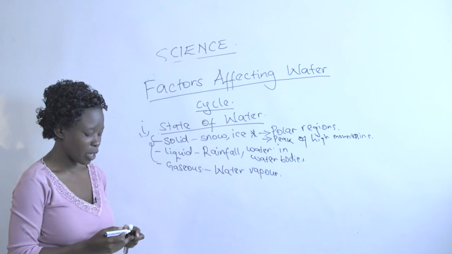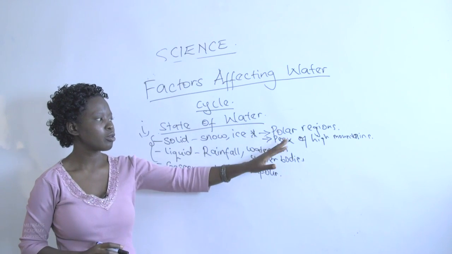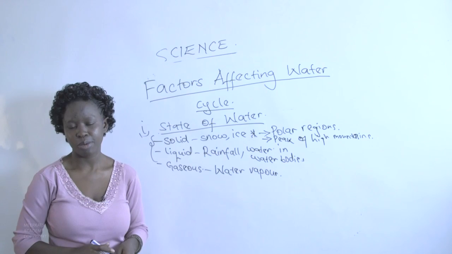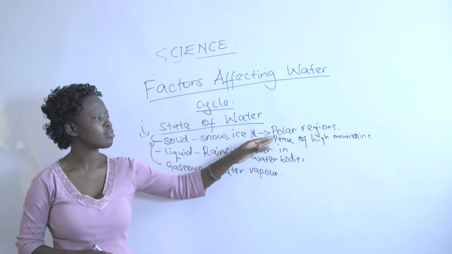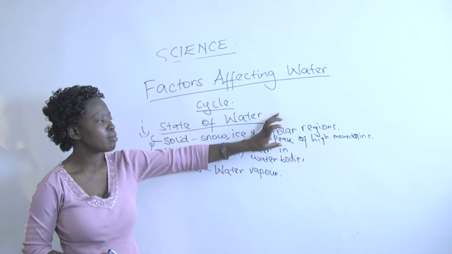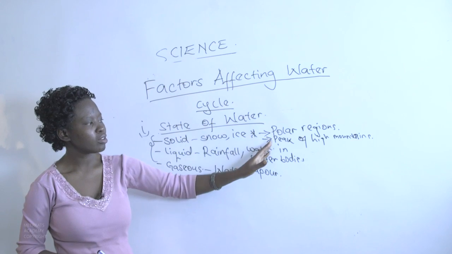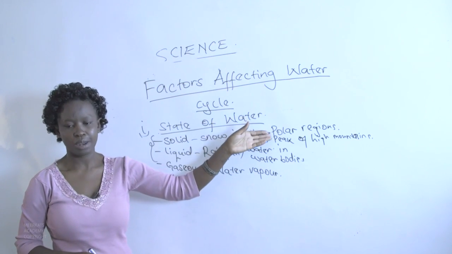So we have ice that has accumulated either in polar regions or on peaks of high mountains. This is still water that is supposed to undergo the water cycle, but it has accumulated on mountain tops and maybe the polar regions.